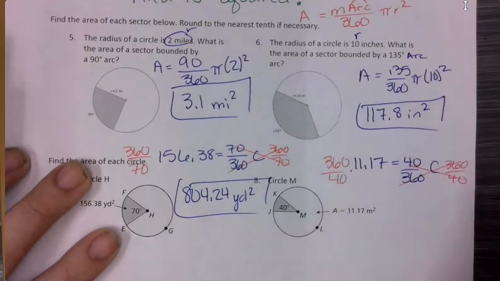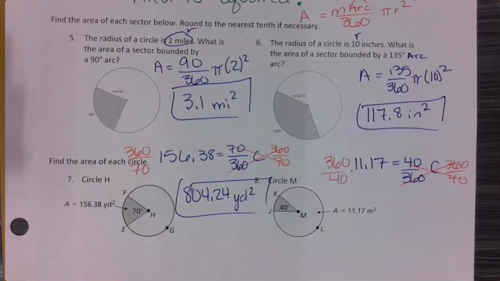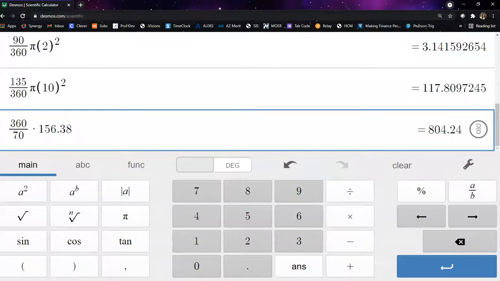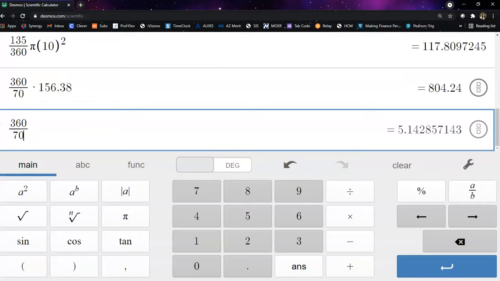It's going to cancel out on my right side. I still have that C, but on the left side I want to go ahead and type that into decimals. So I'm going to have 360 divided by 40 times 11.17, which gets me, I'm going to round to 2 decimal places, 57.45.